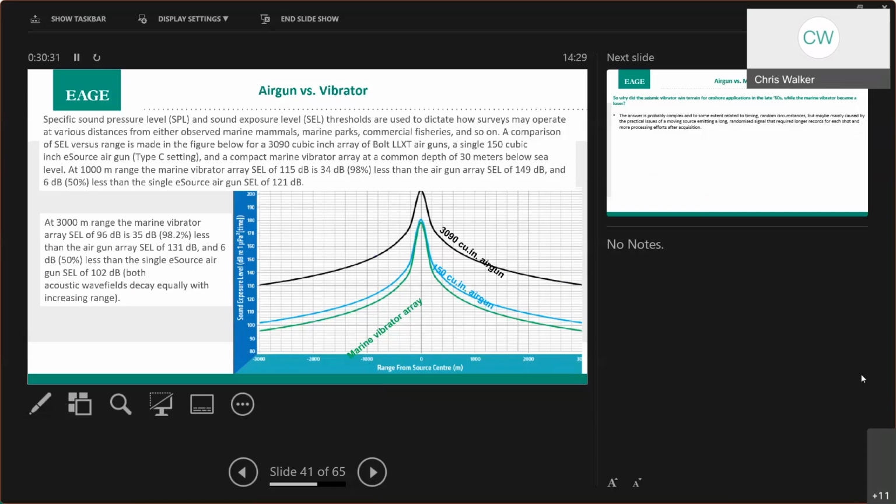So we're able to get essentially the equivalent of a 150 cubic inch airgun array into the ground when we're using the marine vibrator. Compare, obviously, you've got significantly less. You're looking at more than 20 dB lower peak amplitude from the marine vibrator array compared to the 3090 cubic inch conventional array.